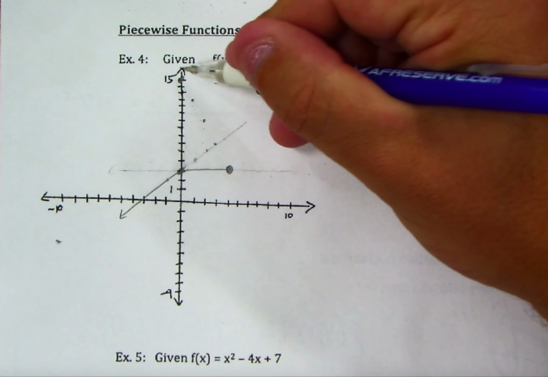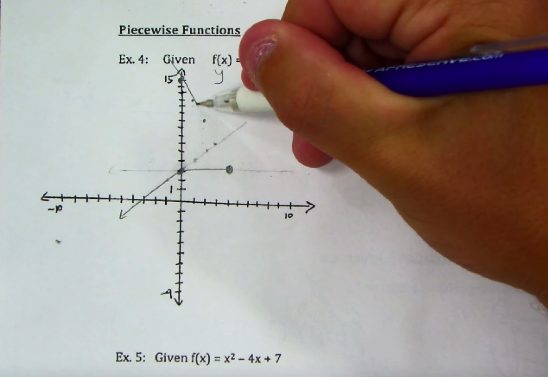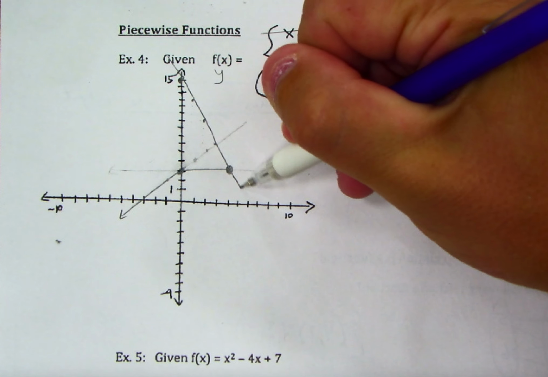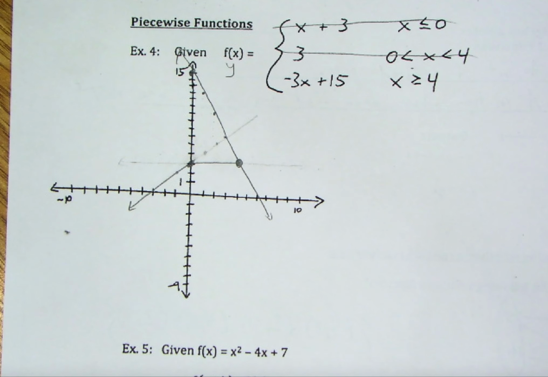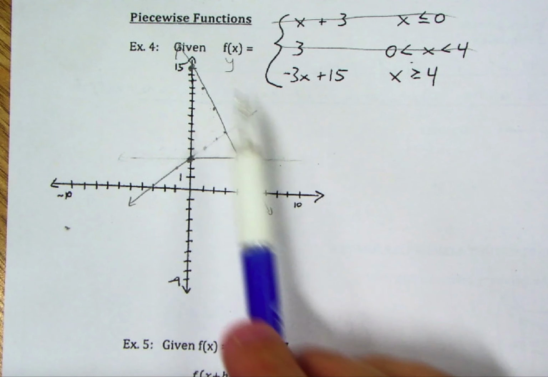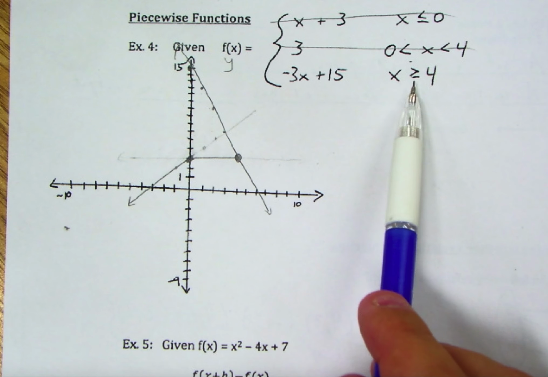I'm going to graph that whole line. Ooh, that wasn't too good. A little curvy. Now, I only want this line for x values greater than or equal to 4.